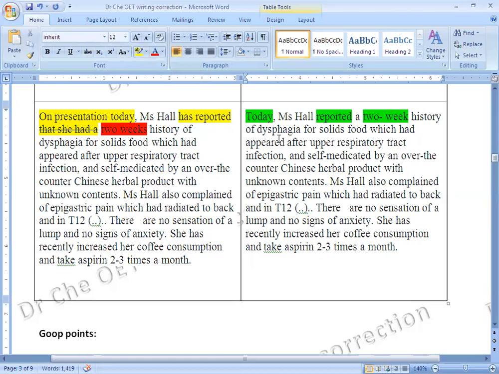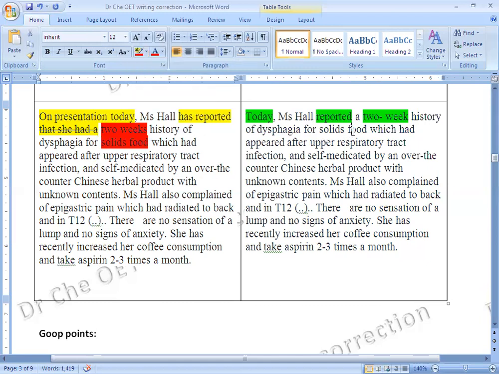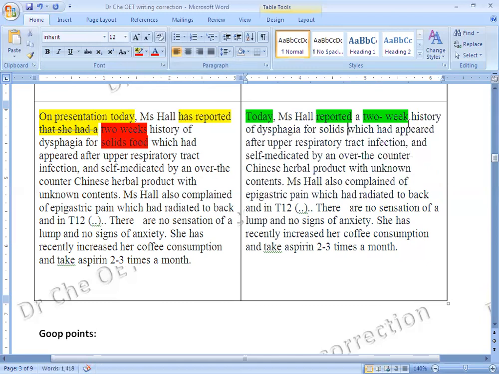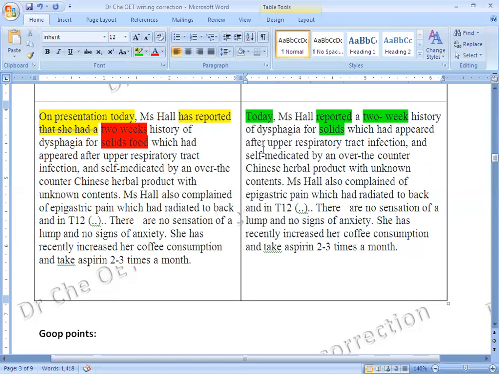Not solids food, only solids or solid food. Dysphagia for solids, which had appeared after upper respiratory tract infection. Which appeared is also acceptable, since both are okay.